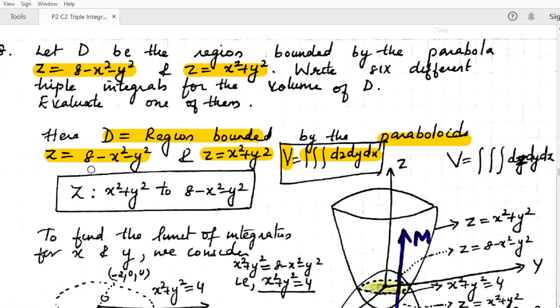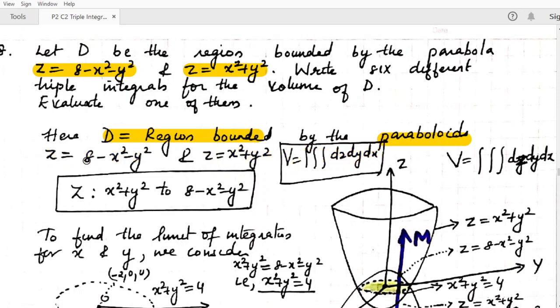First we have to properly see what our region is. It is mentioned that it is a paraboloid. We can identify a paraboloid from the equation whenever one side is x square plus y square and the other side is z to the power 1. Whenever the degree of x and y is 2 and the degree of z is 1, we can say that it is an equation of a paraboloid.